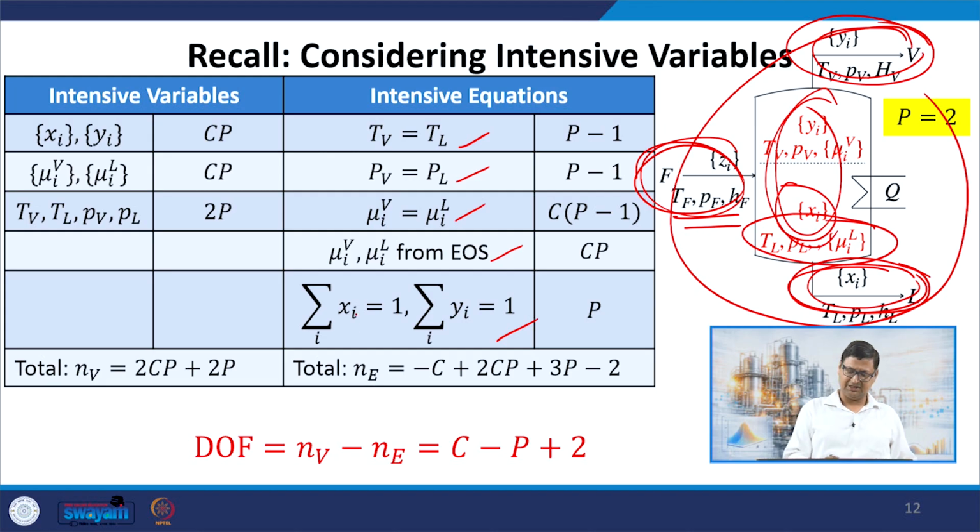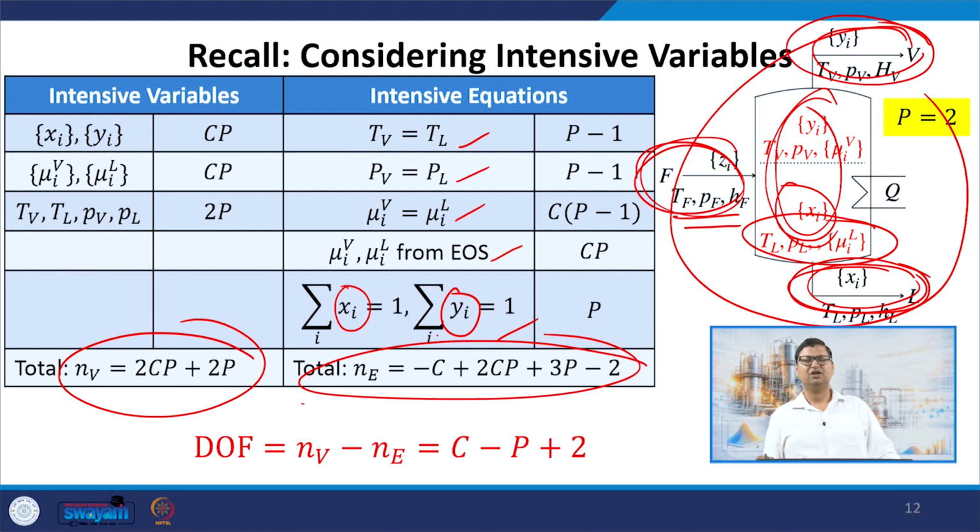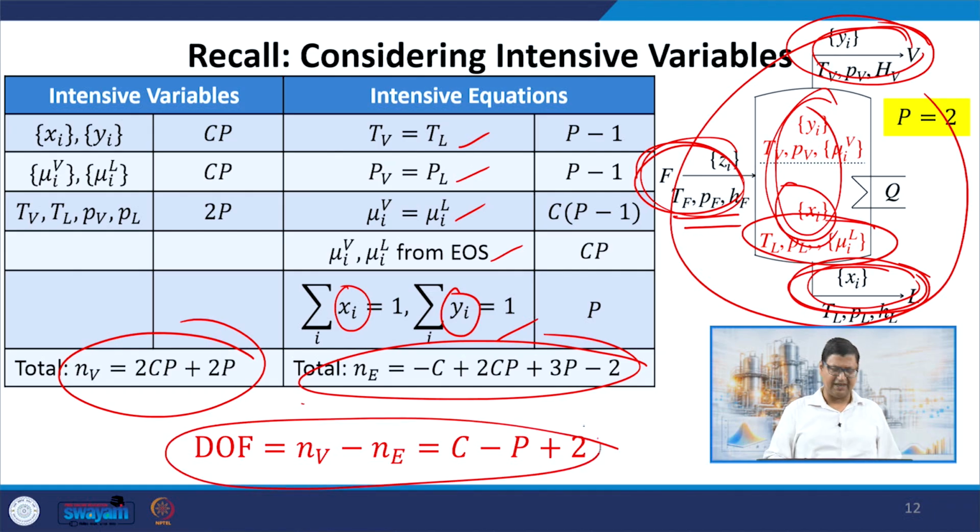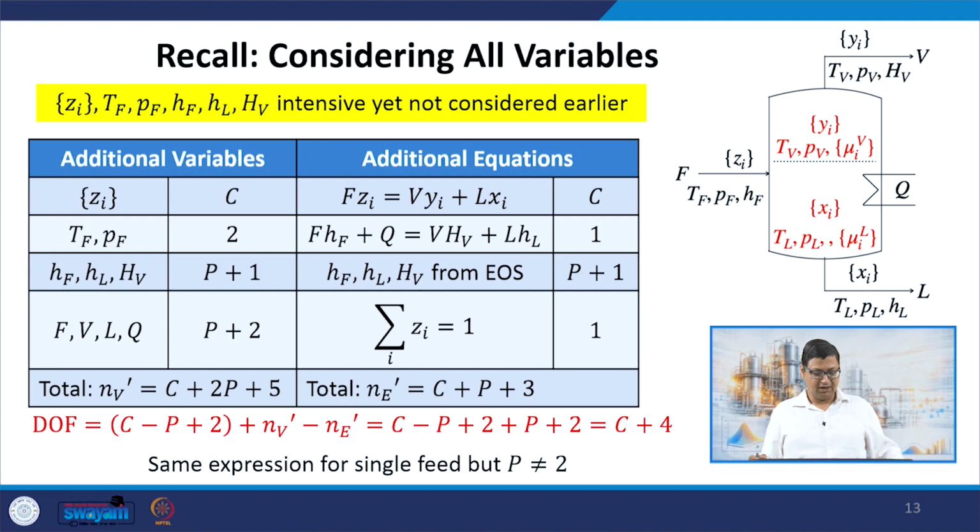By definition, we use xi for the liquid phase mole fraction and yi for the vapor phase mole fraction. And therefore, we can count the number of variables that we have and the number of equations that we have. You can go back to the detailed derivation we have done earlier, and we can basically derive the Gibbs phase rule in this way. We can also consider all the variables, and in that case we have some extra equations.